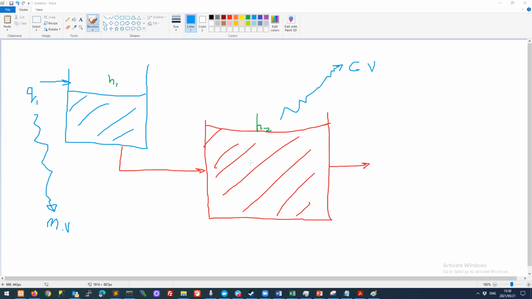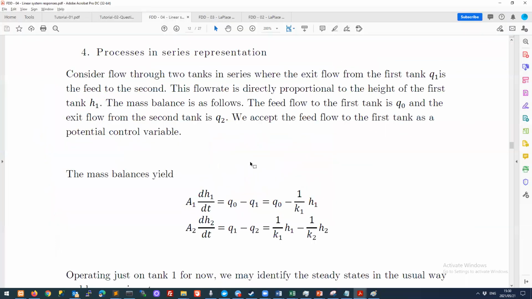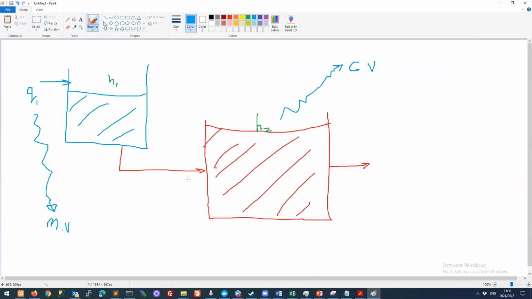So we want to figure out how to develop that equation. And so, of course, the material balances apply. So you can say the rate of change of volume in tank 1 is the flow in minus the flow out of tank 1. And then the flow out of tank 1 is not something we are controlling.